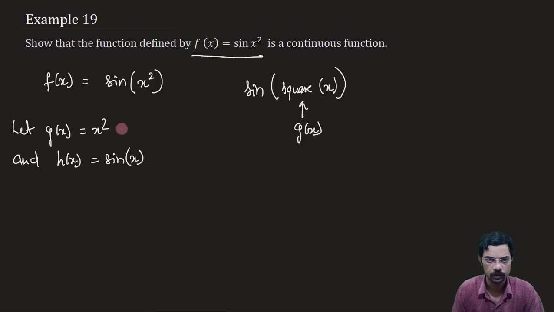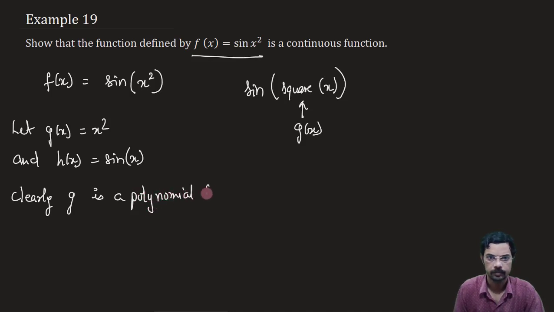Clearly, g is a polynomial function, and this implies it is continuous.